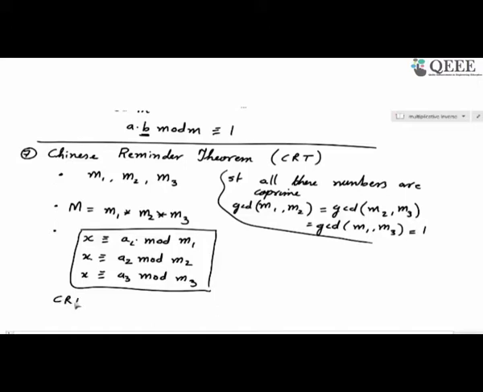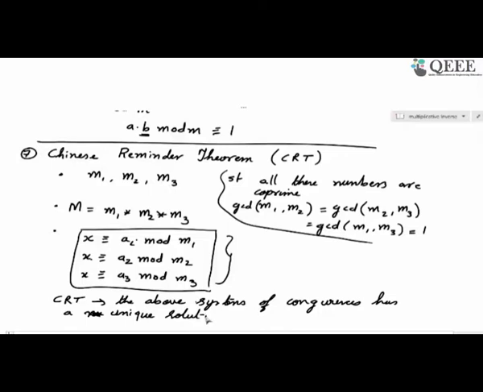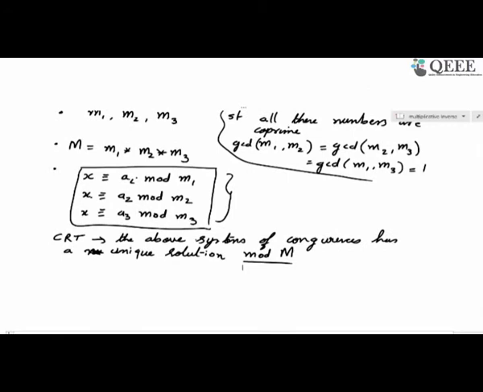What the Chinese remainder theorem states is that this set of congruences, the above system of congruences, has a unique solution modulo capital M. Let us see how to actually go about applying CRT to find x.